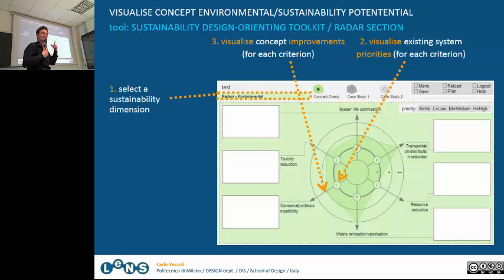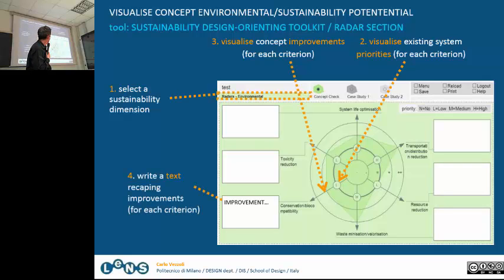So maybe regenerate ideas or rethink the same system and so on. So that is why I'm saying it's an iterative process, and you know, there is some kind of complexity, but we can deal with that. We do some simplification to deal with it. So we have some criteria, because if not, it could be too difficult to dive into complexity. But then we can come up with a good solution.